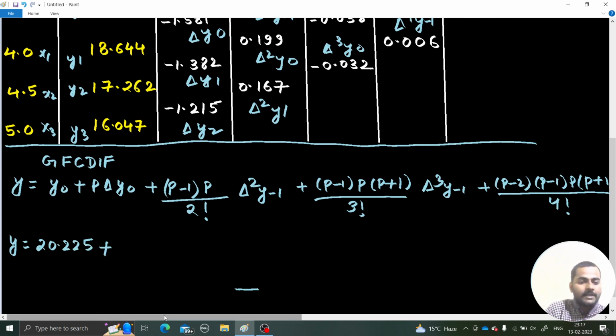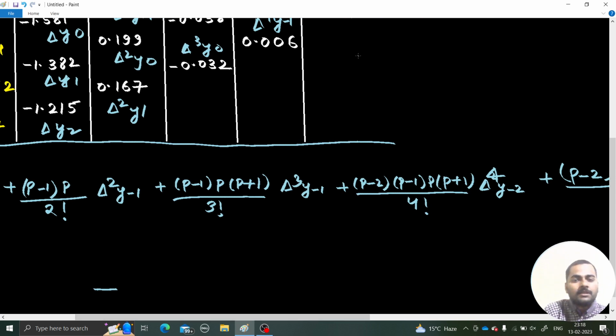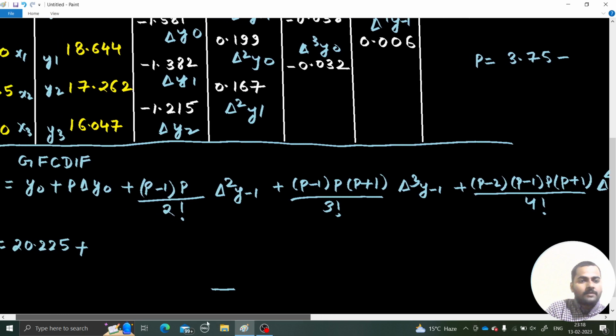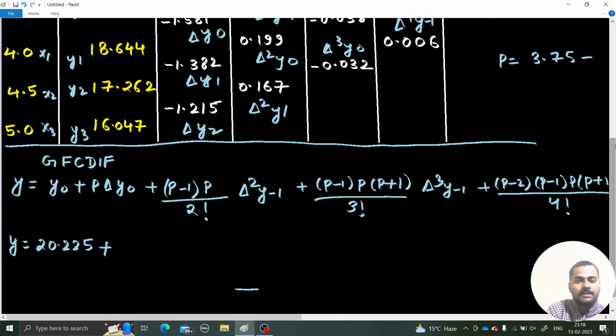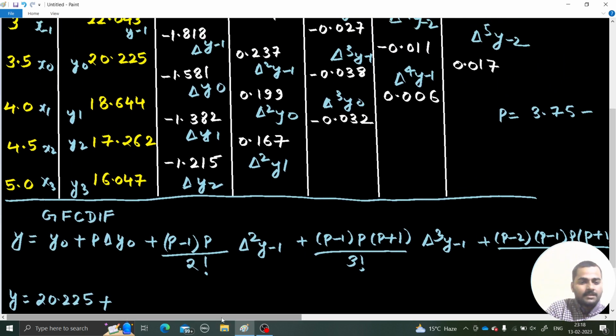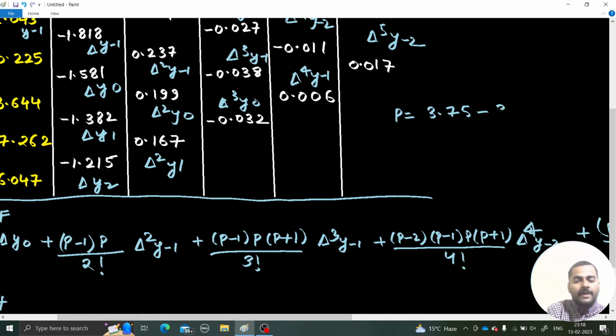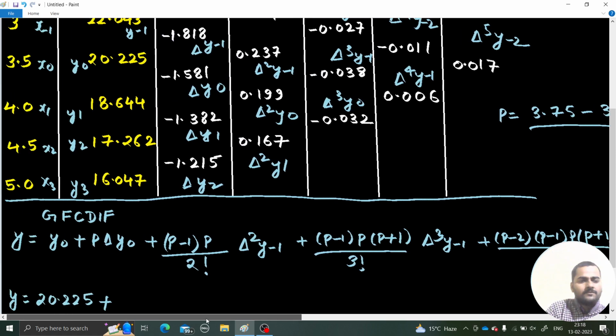We haven't calculated p yet, so calculate it. P will be x, which is 3.75, minus x naught, which is 3.5, divided by h, which is just the difference in x values, and which is 0.5.